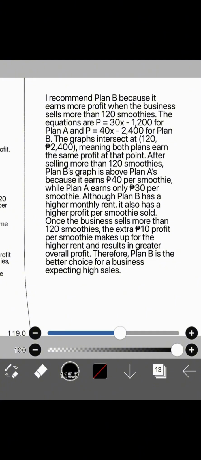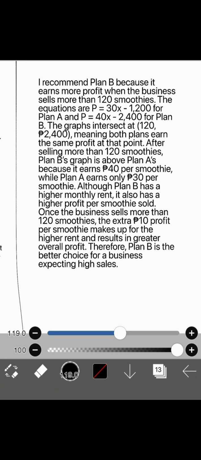After selling more than 120 smoothies, plan B's graph is above plan A's because it earns 40 pesos per smoothie while plan A earns only 30 pesos per smoothie. Although plan B has a higher monthly rent, it also has a higher profit per smoothie sold. Once the business sells more than 120 smoothies, the extra 10 profit per smoothie makes up for the higher rent and results in greater overall profit.